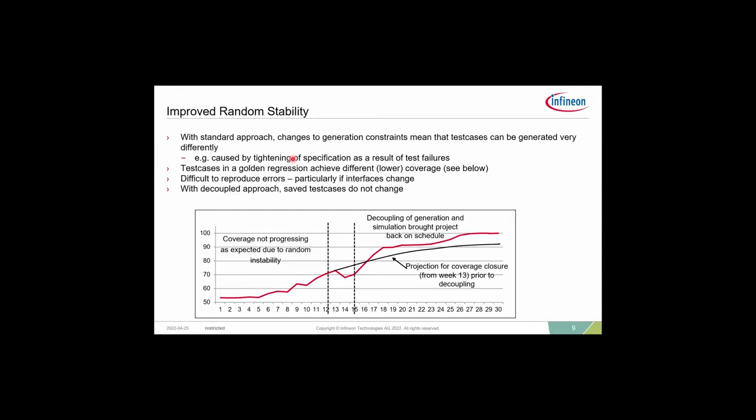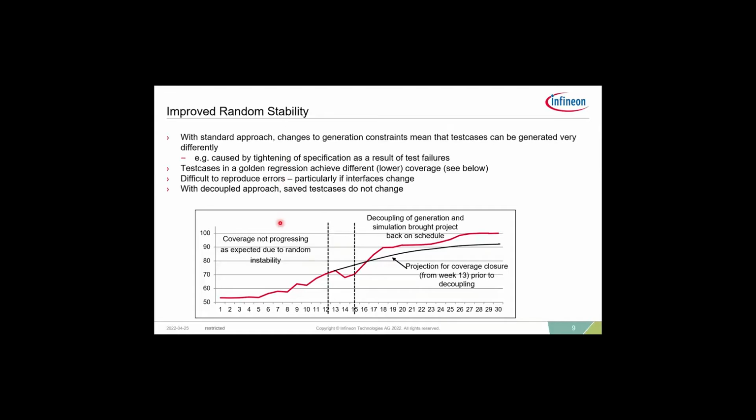What we observed is, as this was happening, the test cases that we'd saved off to our golden regression, which we wanted to use to achieve our coverage, were changing. They were being generated differently as the constraints were changing, and because of that the coverage they achieved was different, and typically it was lower.